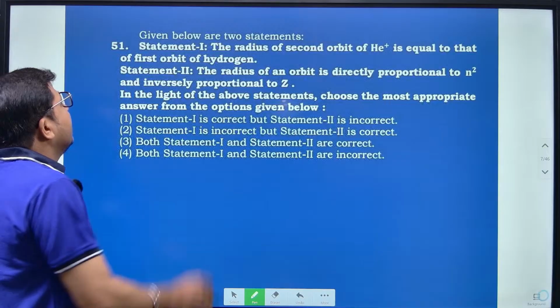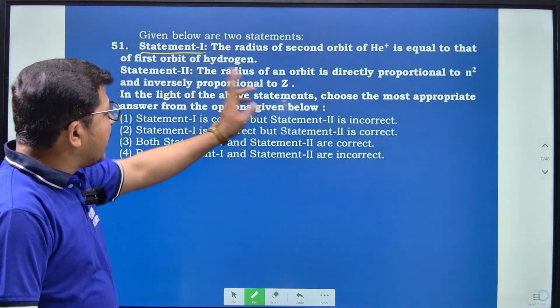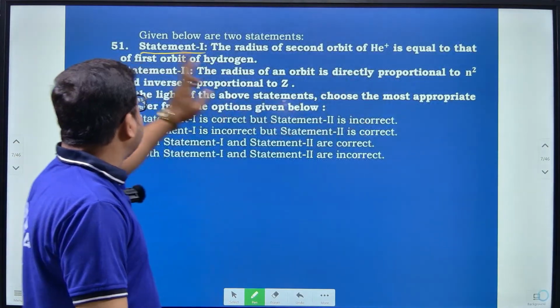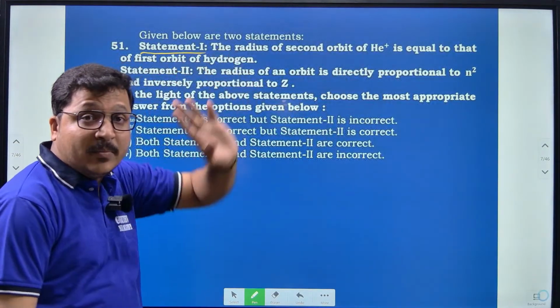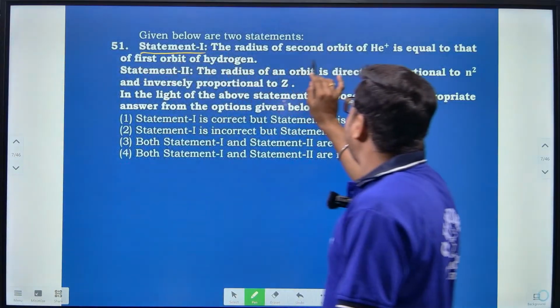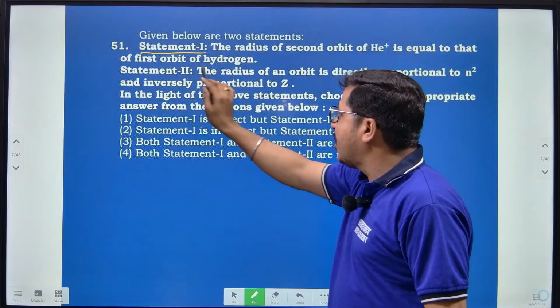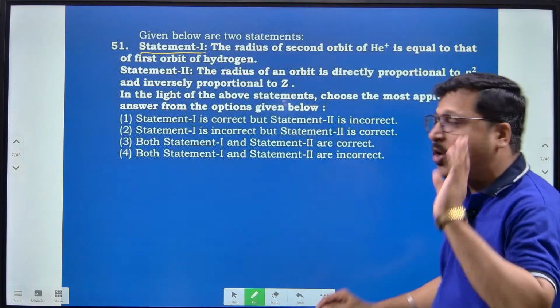Again they have given statement 1: the radius of second orbit of helium is equal to that of the first orbit of hydrogen atom. Clearly he has mentioned this, but it is wrong.